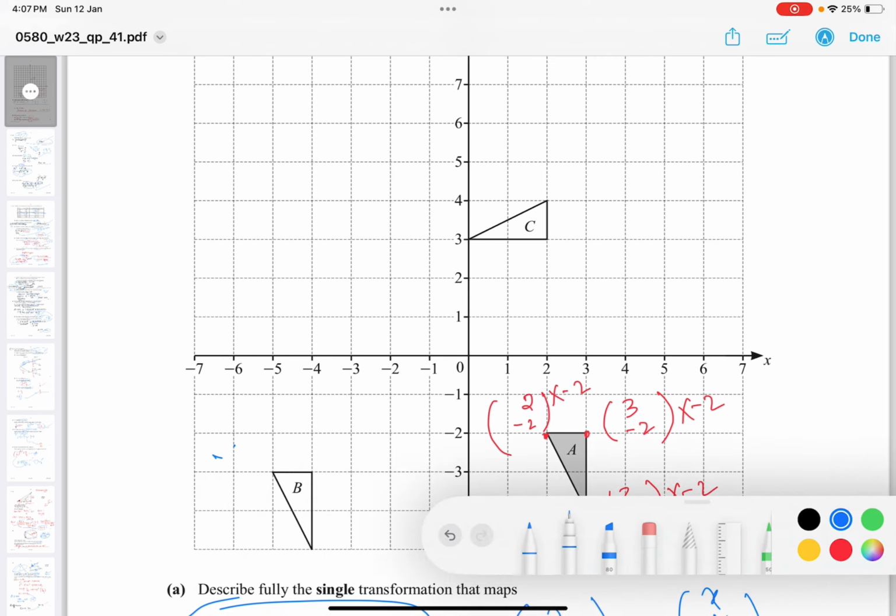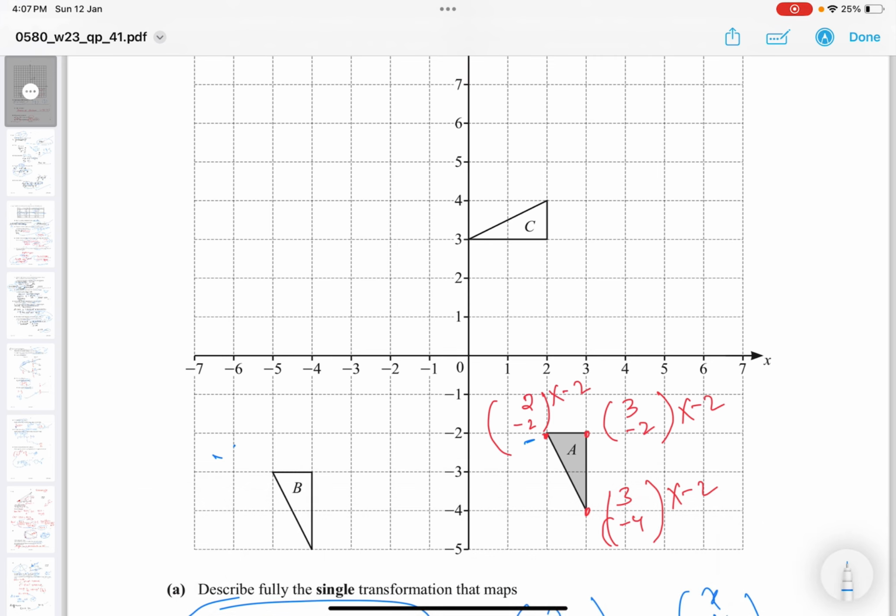So this point will become 4, 2, 2, 2. Negative 2 multiplied by negative 2 will become 4. And this point is over here, negative 4 and 4. So first point will be over here. This will become negative 6 and 4. So negative 6 is here and 4 is over here.